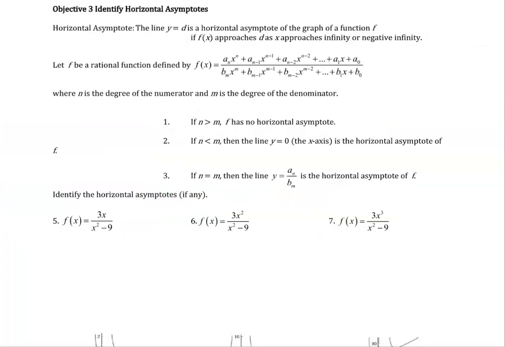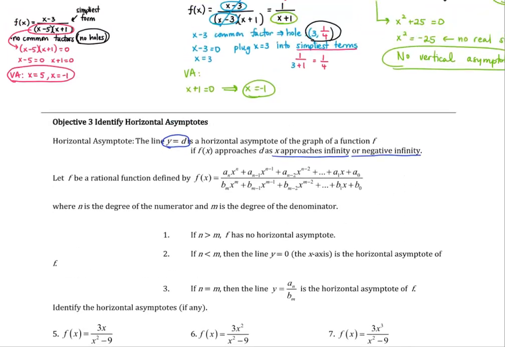So we just looked at how to find vertical asymptotes versus holes. Now we're going to look at how to find horizontal asymptotes. Horizontal asymptotes are lines. They have the form y is equal to some number. What the horizontal asymptote does is it describes the behavior of what the function is doing as x gets very big approaching positive infinity, or as x gets very small approaching negative infinity.